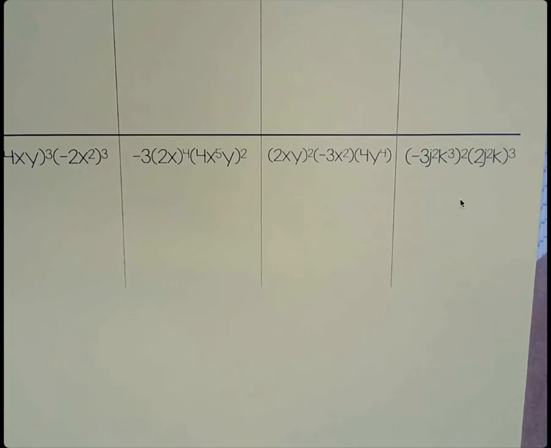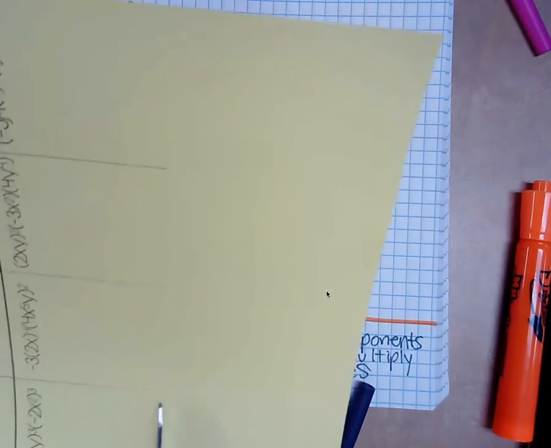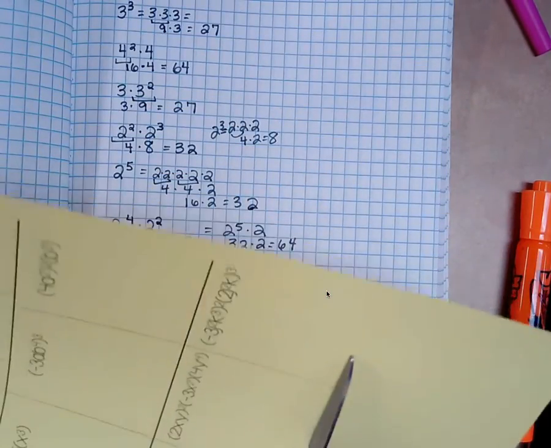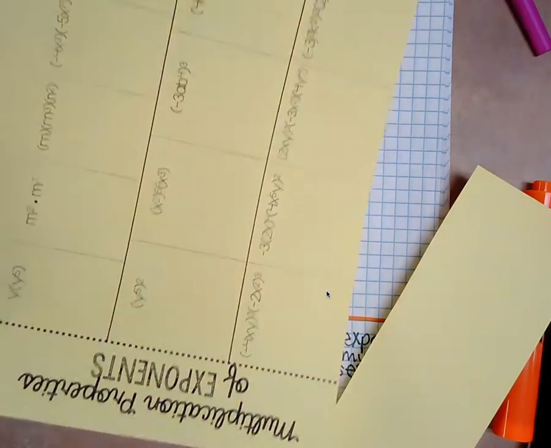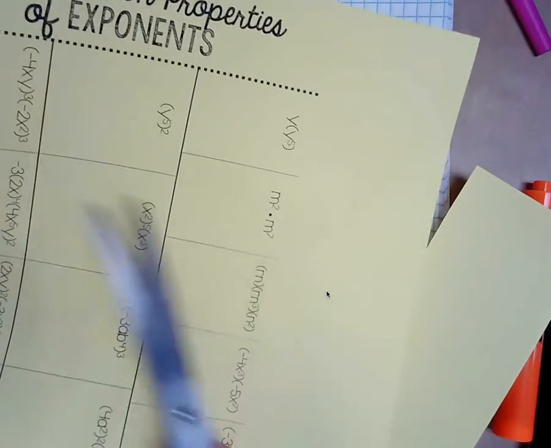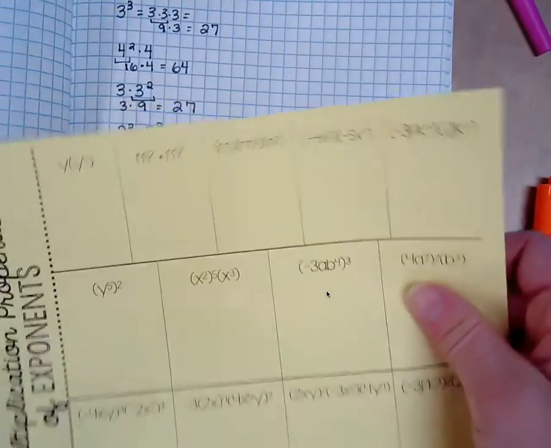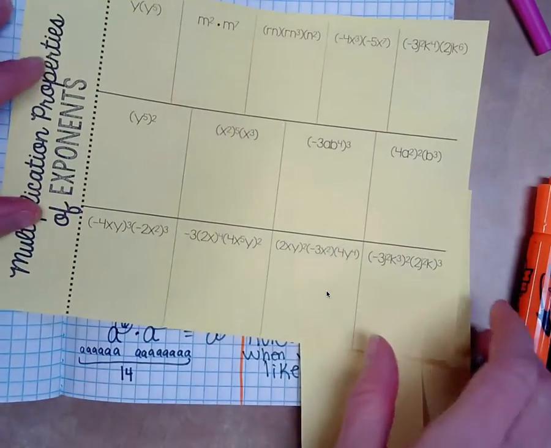Okay, so I just passed out the foldable. So what we actually need to do is cut the bottom, and then turn it the way that mine looks, and then cut the top. And you'll have it look like this.